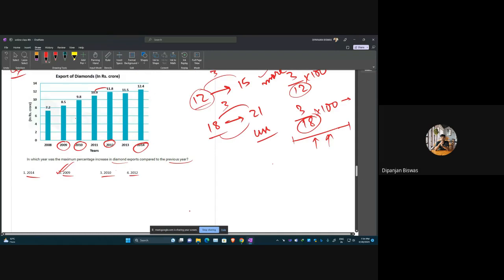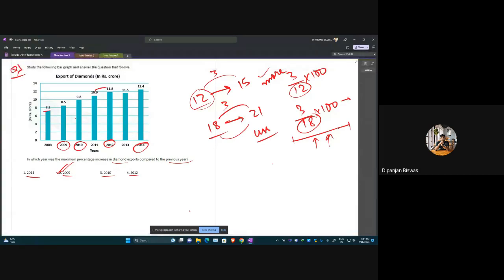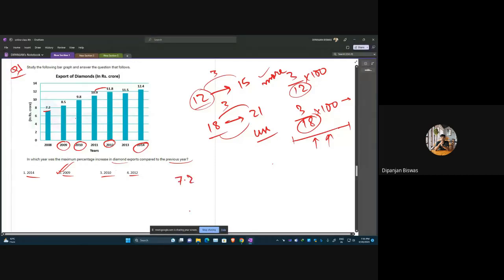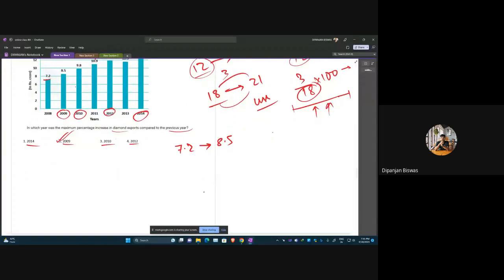Okay. So for every year's increment, we have to find the increment for 2009, 10, 12, and 14, as these are the four options. Okay. So to calculate the increment for 2009 from the previous year, that is 2008, we have to find the increment from 2008 to 2009. In 2008, it was 7.2 crores and it increased to 8.5 crores in 2009.